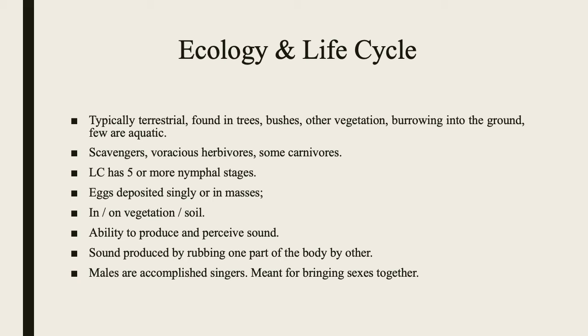Although sound production is effected in a variety of ways, it generally involves the rubbing of one part of the body against another. The females of some species are capable of producing sound, but it is typically the males that are the accomplished singers. The songs are most commonly involved with bringing members of opposite sexes together. That is, mainly the songs are meant for mating.